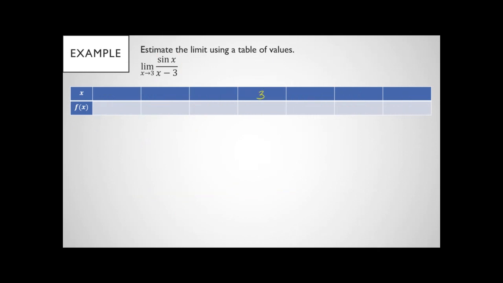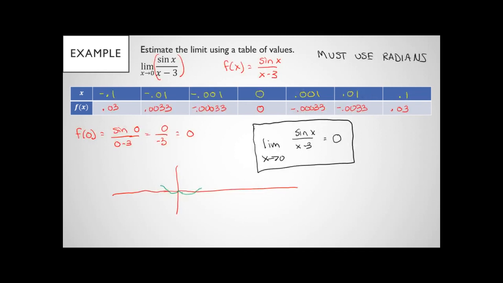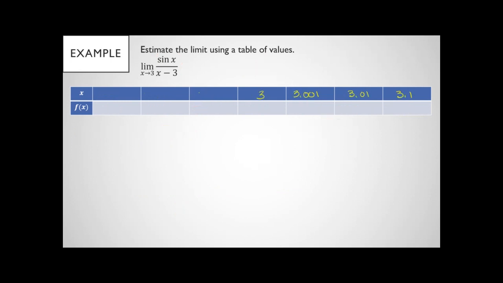So I would check 3.001, 3.01, 3.1. And in the other direction, negative 0.001 plus 3 gives you 2.999. And if you follow the pattern, 2.99 and 2.9.